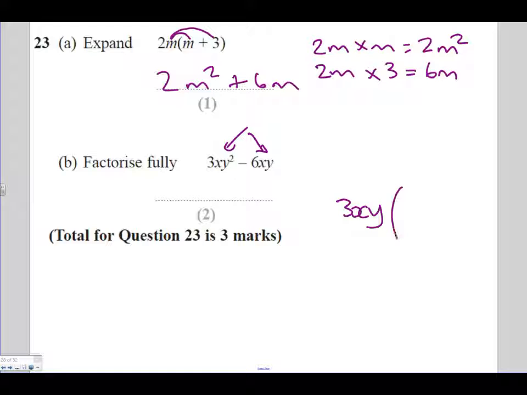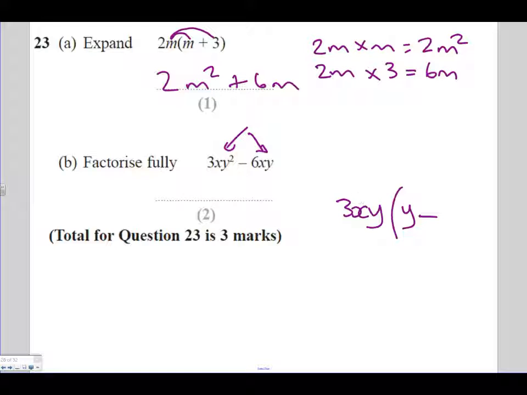So if that's on the outside of our brackets, that's what factorizing is, then we have to ask ourselves, what do I multiply 3xy by to get 3xy squared? Well, I've already got the 3 and the x, so what do I multiply y by to get y squared? Well, I multiply it by y. Put in your minus sign and then ask yourself, I have 3xy, but I want 6xy.